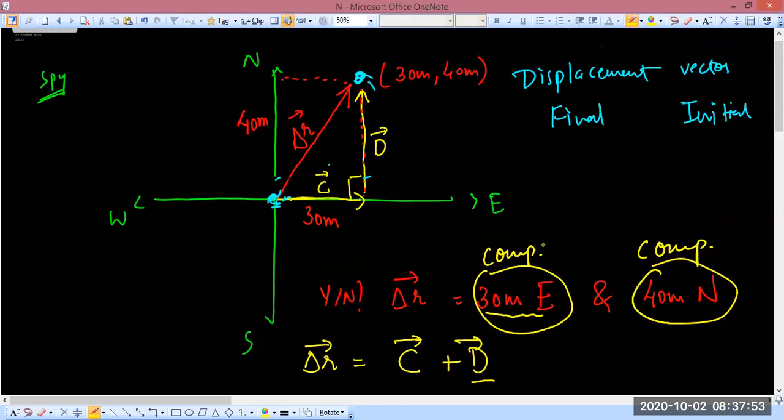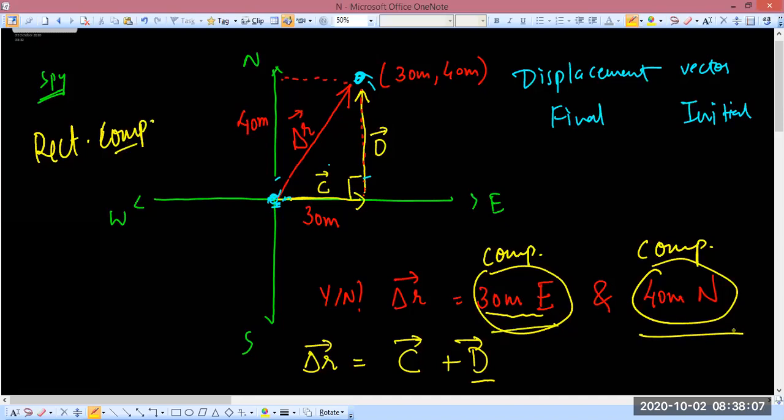But first, I want all of you to understand that components are again, here we are talking about rectangular components. That means we are talking about these two which are perpendicular to each other, as you can see. You could also have done it here.